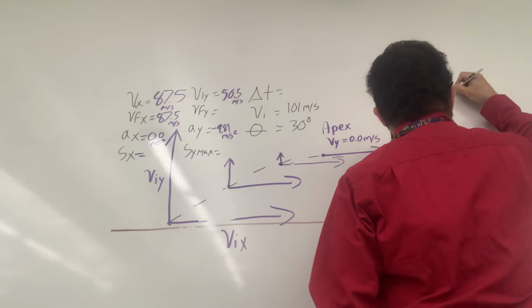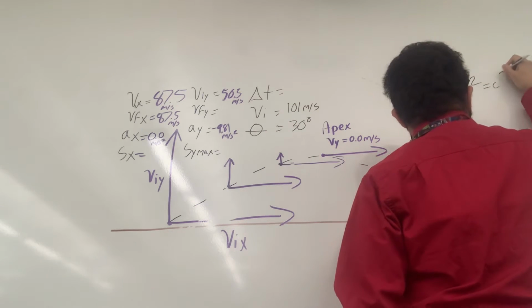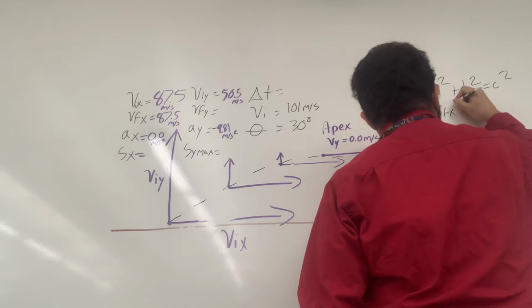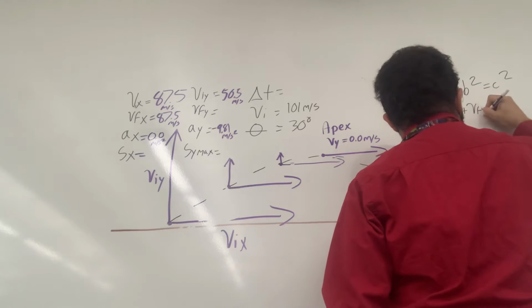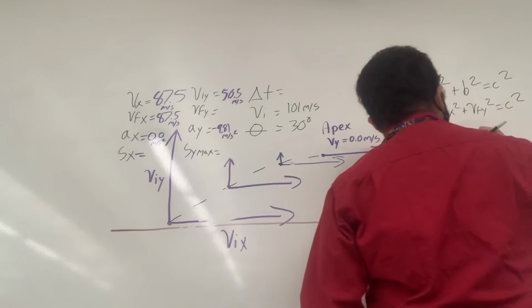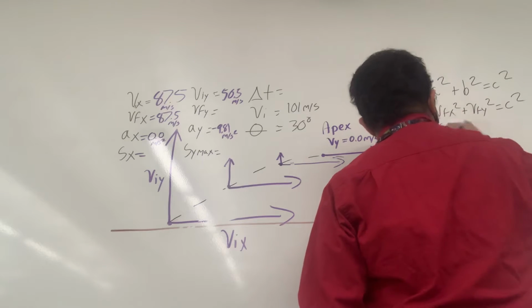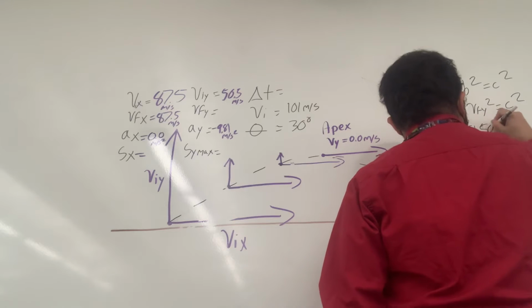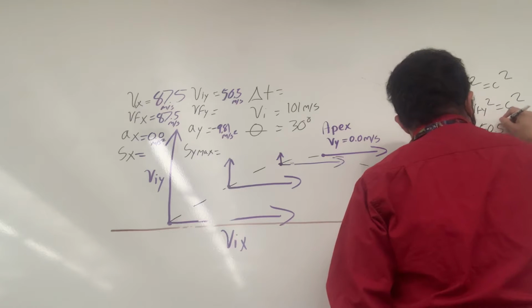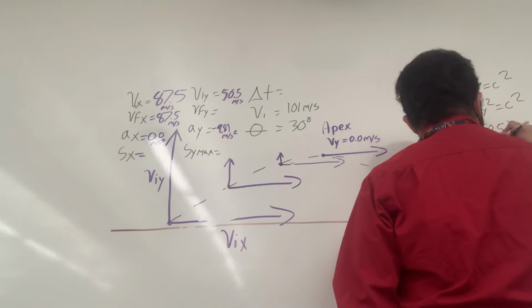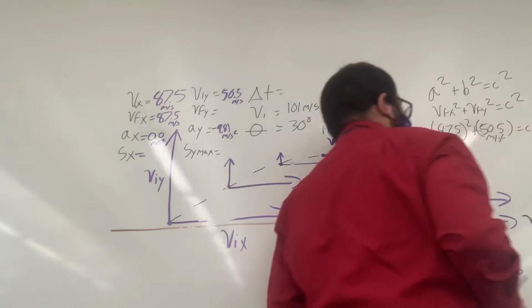VFX squared plus VFY squared equals C squared. So 87.5 meters per second, square that, plus negative 50.5 meters per second, square that, equals C squared.